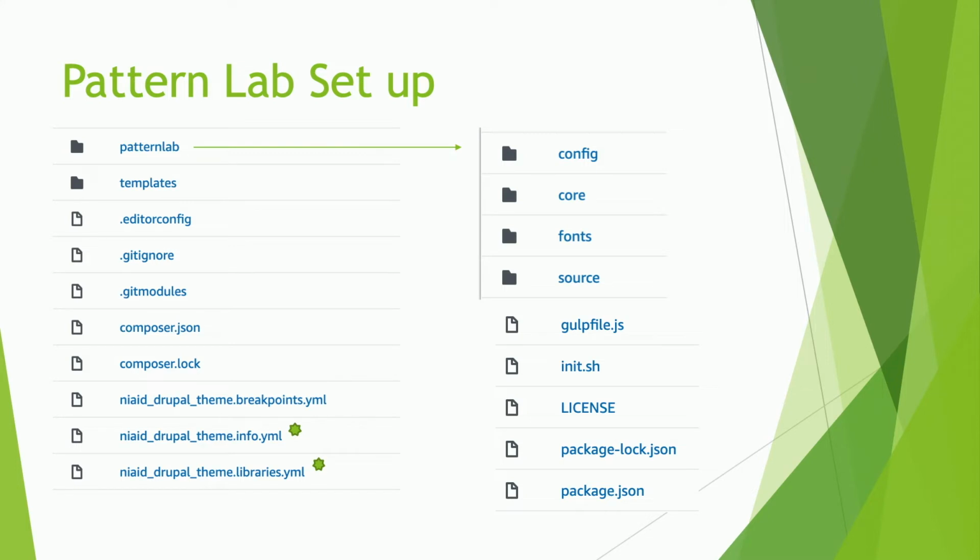The reason we highlight these two now is because they're probably the two most important files when it comes to configuring and making that connection between Pattern Lab and Drupal 8. Once we have Pattern Lab dropped into our theme, moving on to the right graphic, we have all of the components that make up our Pattern Lab installation, most notably the source folder.